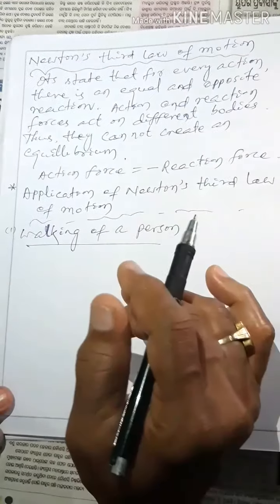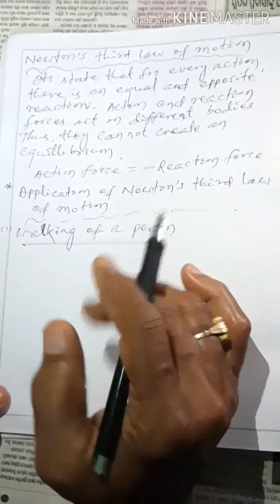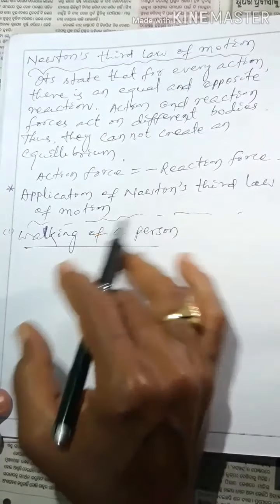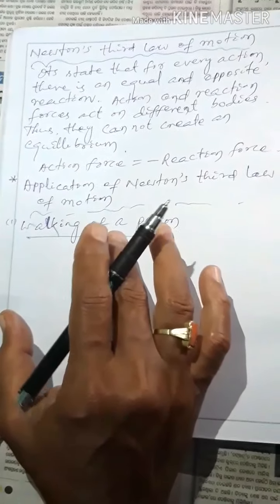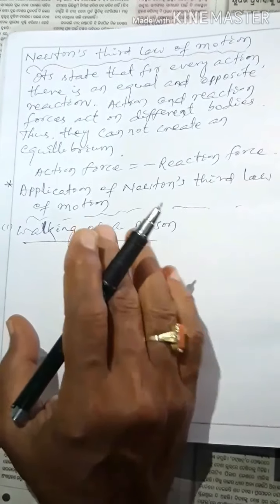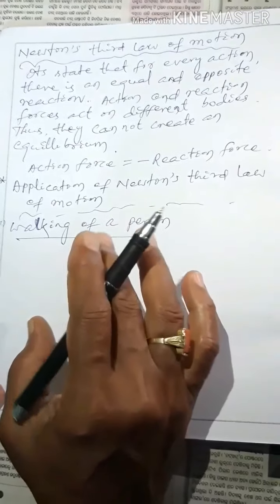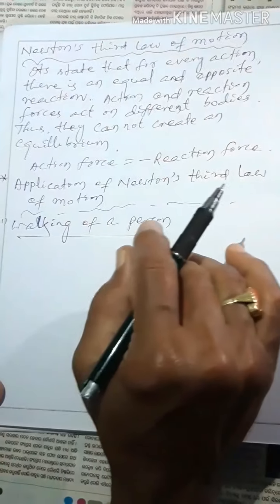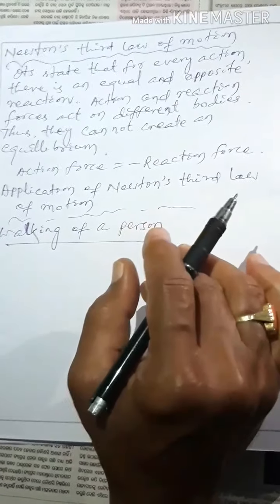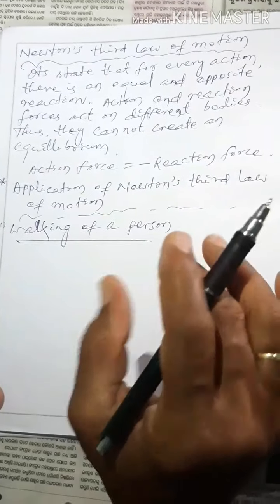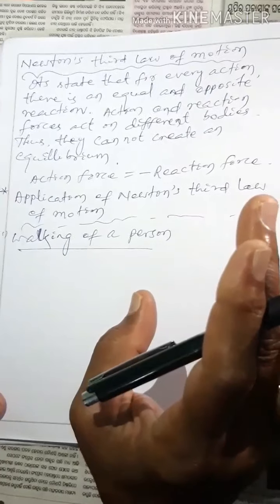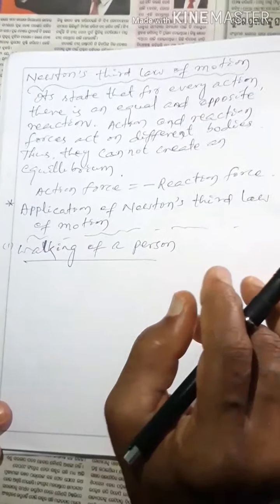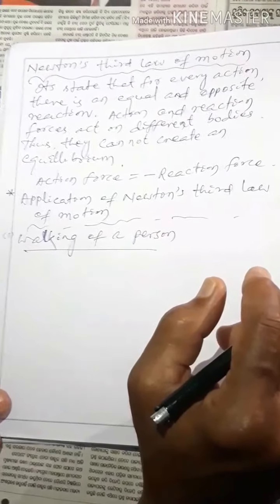In the reaction, the ground also pushes the person with equal magnitude of force in the forward direction. So the person can move on the ground. Clear? This is the first application of Newton's third law of motion.